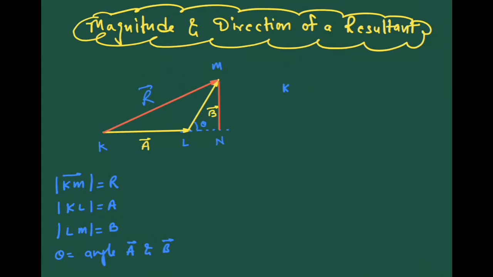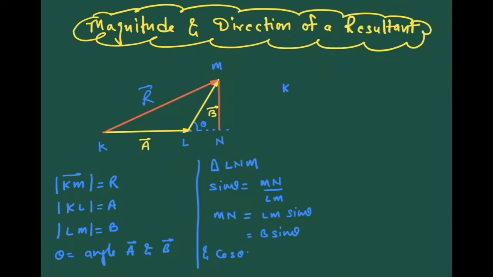So our aim is to find the resultant magnitude. In triangle LNM, sin theta is equal to MN by LM. So we can write MN as LM sin theta, which means B sin theta.